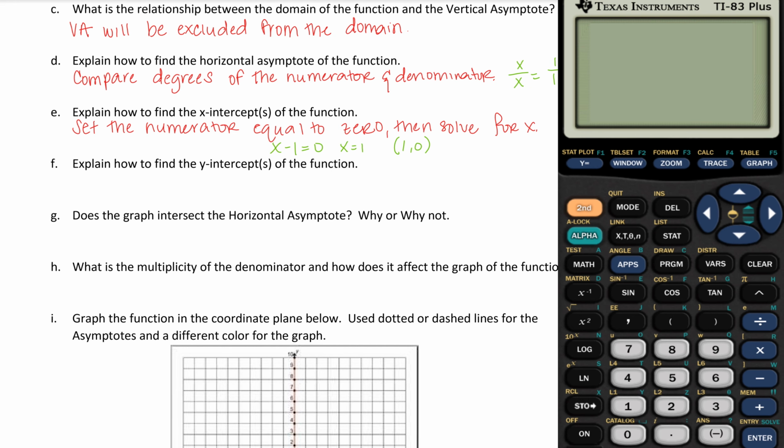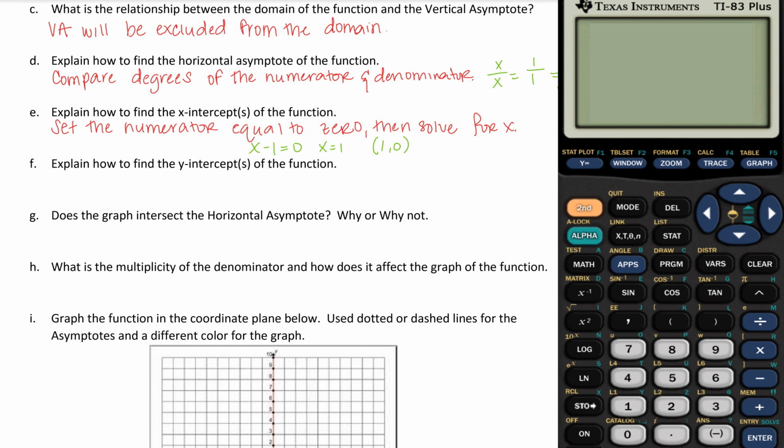So we're putting words to everything that we've already done. All right, F says explain how to find the y-intercept of the function. Well, if you have figured out that there is a pattern so far with the constants at the end of my numerator and denominator, I look at the ratio of the constants of the numerator and the denominator.